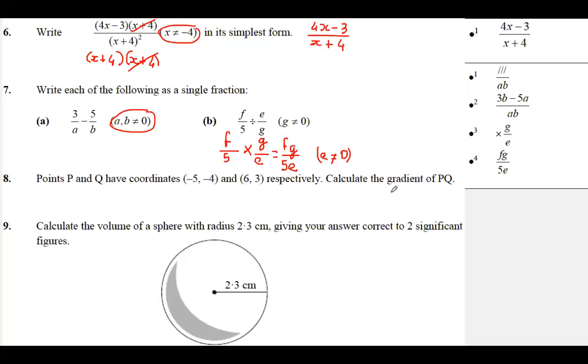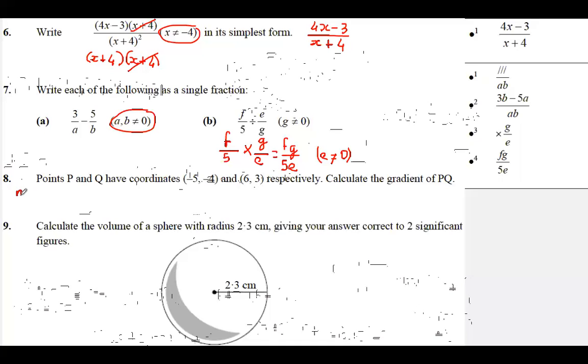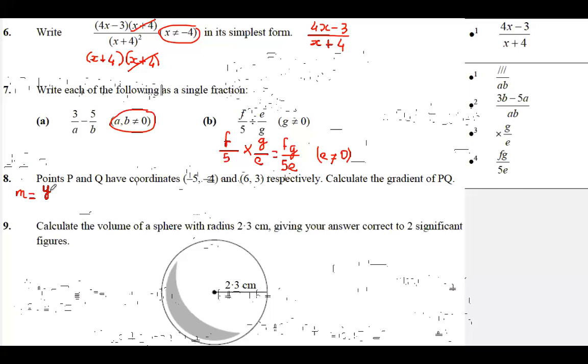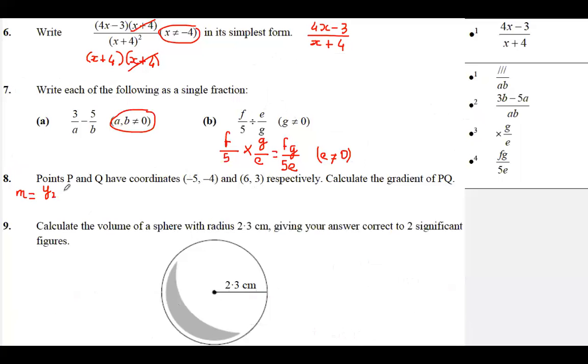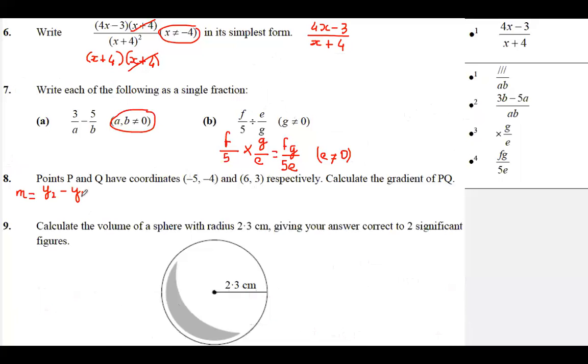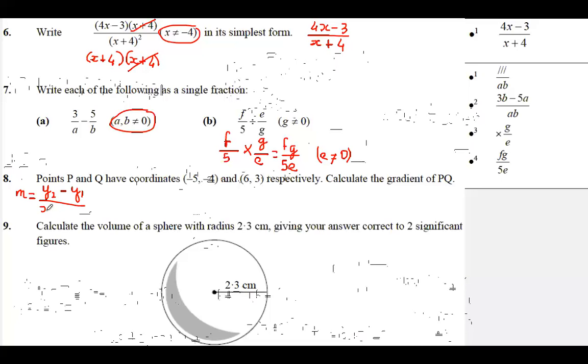So here we are asked to calculate a gradient. So if you remember well, the formula for the gradient, M, we used to say y2 minus y1 divided by x2 minus x1.